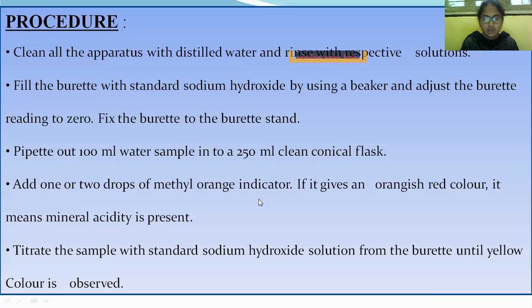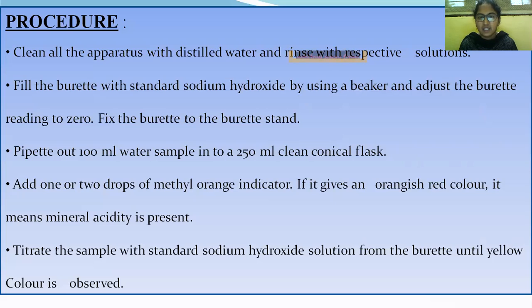Now the procedure. What is the step-by-step procedure for determination of acidity? First, clean all the apparatus with distilled water and fill the burette with sodium hydroxide using a beaker and adjust the burette reading to 0.